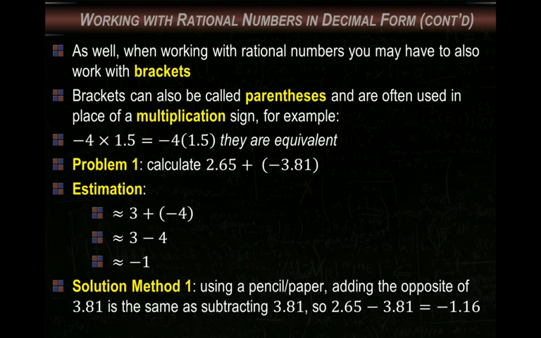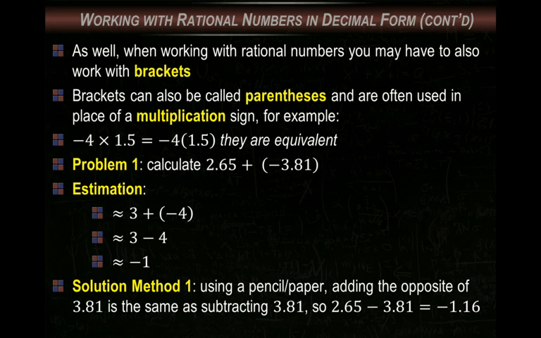If you look at this problem, 2.65 plus bracket negative 3.81. Don't read ahead. Try not to. What's another way I could have written this question? It would have been equivalent, would have been the same. The answer I was looking for is 2.65 minus 3.81.